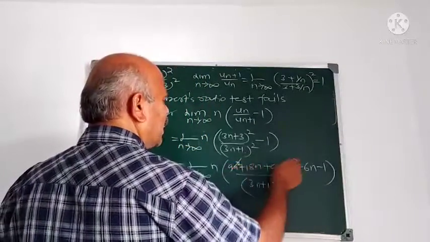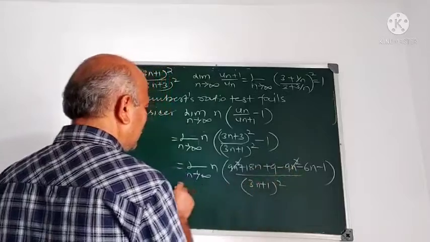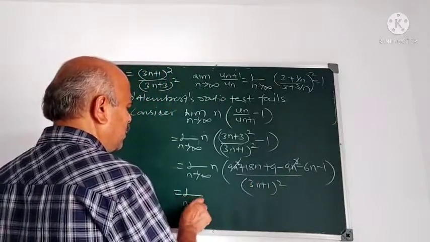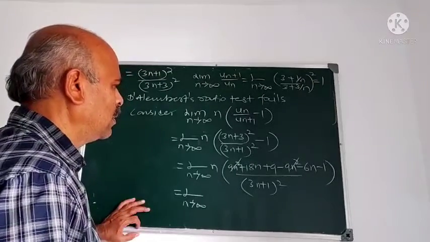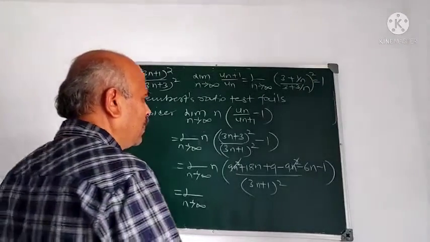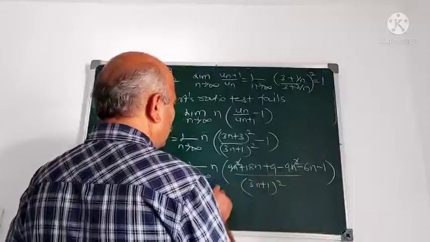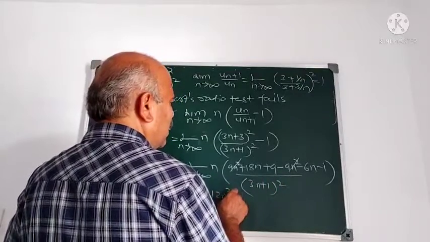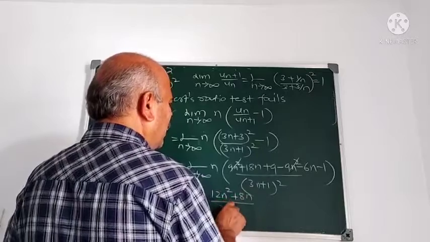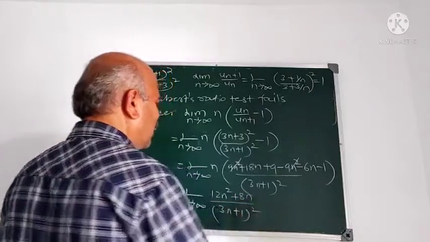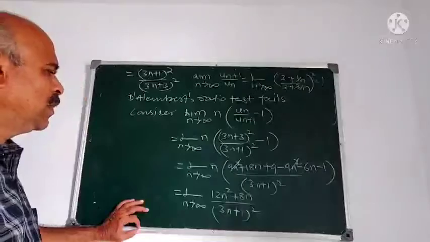Therefore 9n square cancels, 18 minus 6, giving 12n square plus 8n divided by 3n plus 1 whole square.